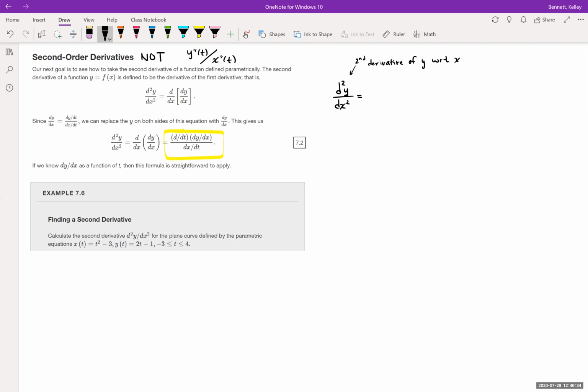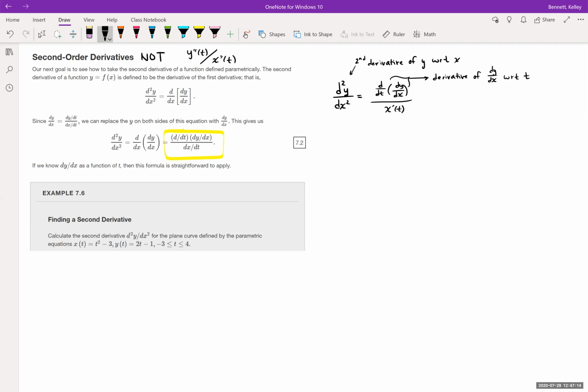And so this is going to be d/dt of dy dx over x prime of t. Right, so dx dt is the derivative of x with respect to t, so I can write x prime of t. d/dt of dy dx is just... I forgot where I was in my sentence.